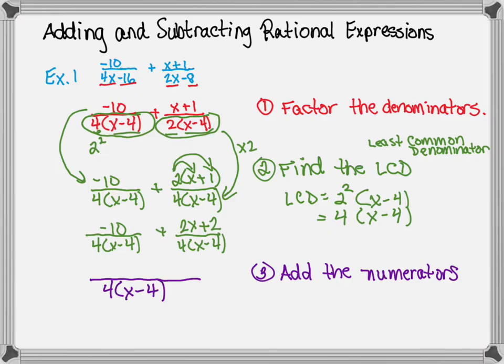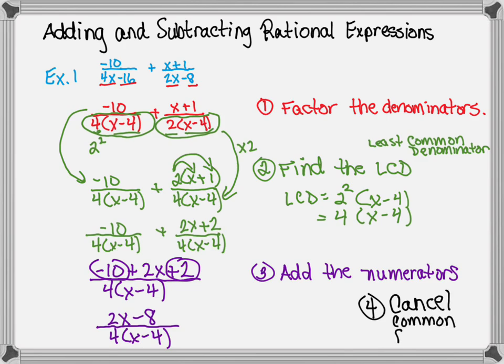So I'm going to combine them into one fraction. I have negative 10 plus 2x plus 2. Let's combine our like terms. So I only have one term with an x, so I have my 2x. Then I have my negative 10 plus 2, which gives me negative 8.